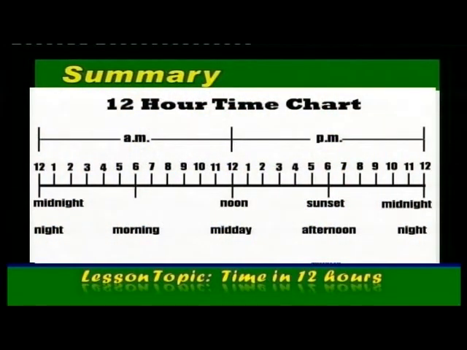Now, receiving students and 6s. In today's lesson, what words did we use? What are the 2 words that we use in today's lesson when we are expressing time in words? Robert, what are the words?